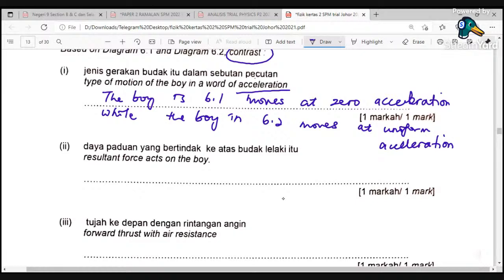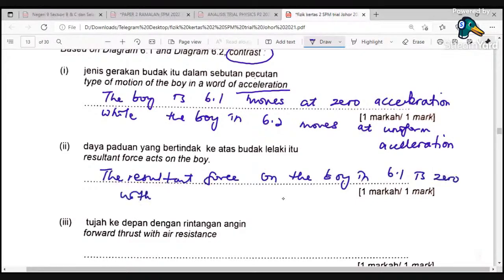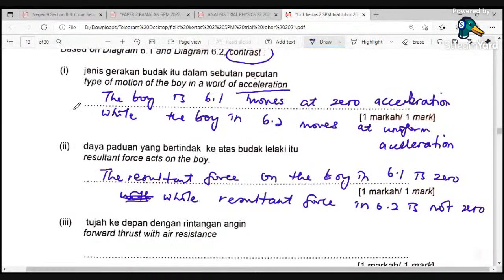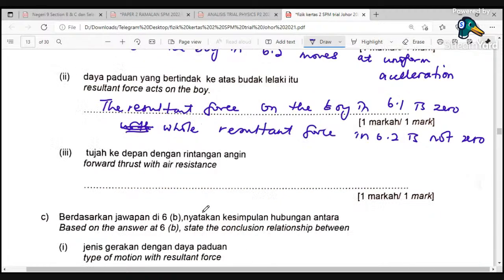Resultant force act on the boy. The resultant force on the boy is 0 in 6.1. Forward thrust with air resistance.